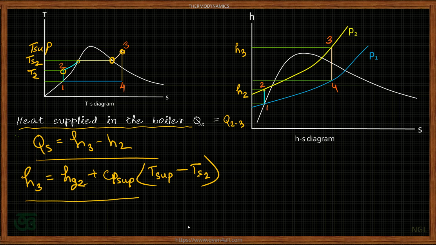So from this formula we can get the value of H3, and we can get Hg2 from the steam table and also Ts2 from the steam table.